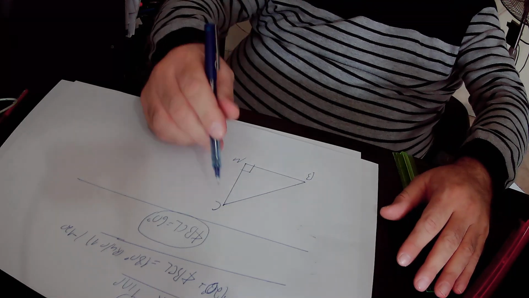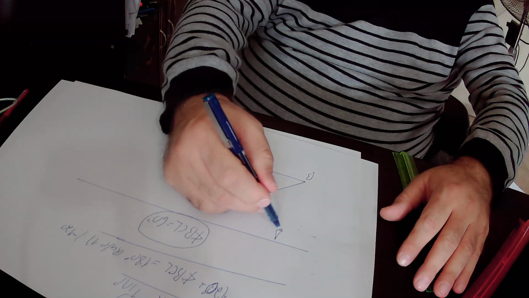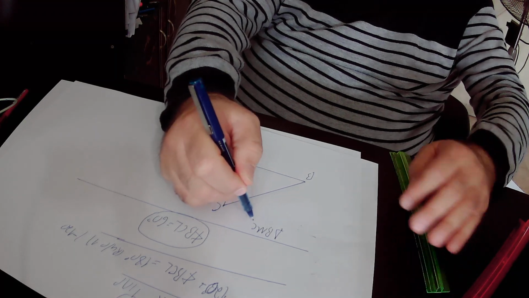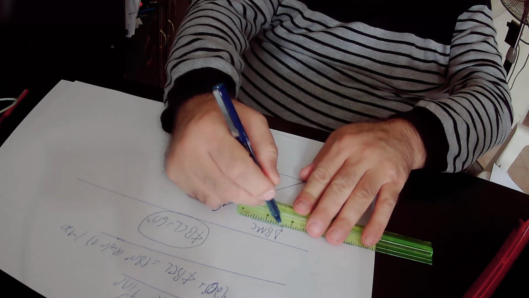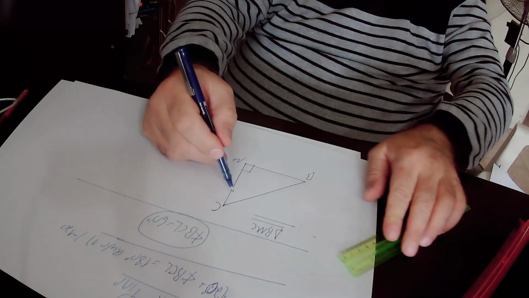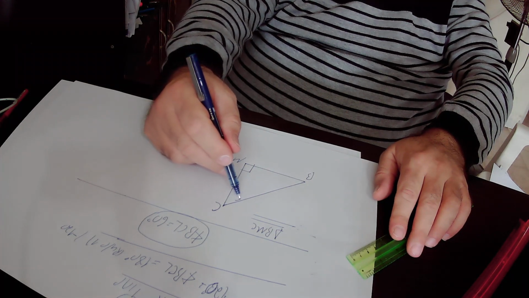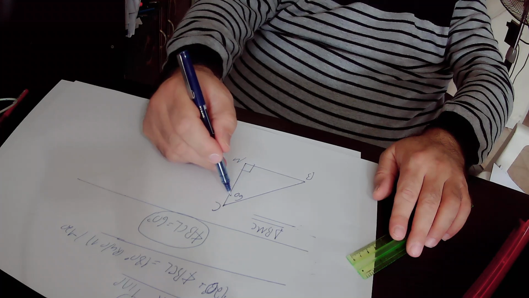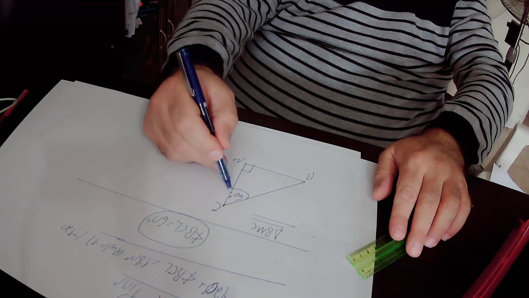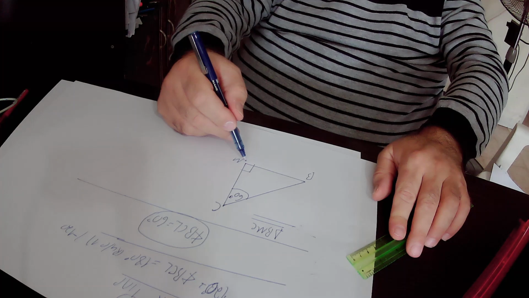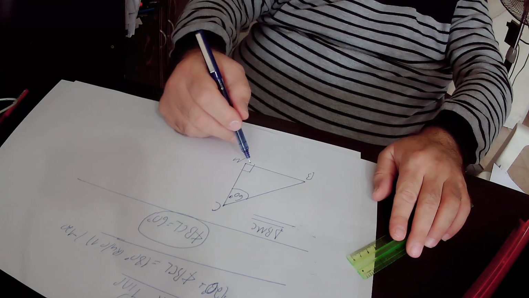So this is the right triangle BMC that I copied from the original drawing. Angle BCM equals 60 degrees according to rule number 1, and this angle equals 90 degrees according to our construction.